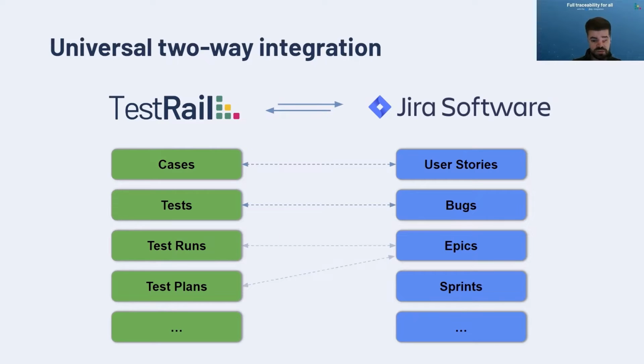And as for test runs and test plans, we try to connect those to epics because the epic is a container, which might be like a version, some sort of milestone in your development. So you can track test runs and test plans on epics and see the overall status of how your epic is being tested.